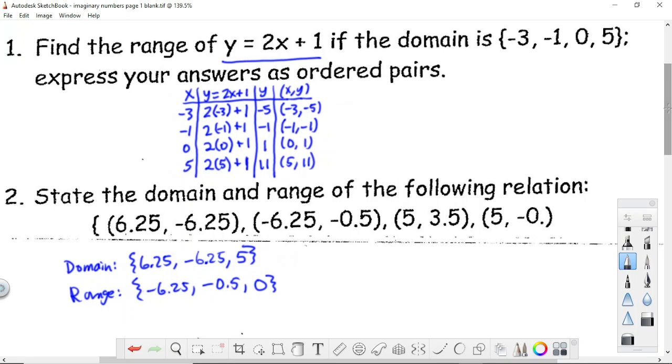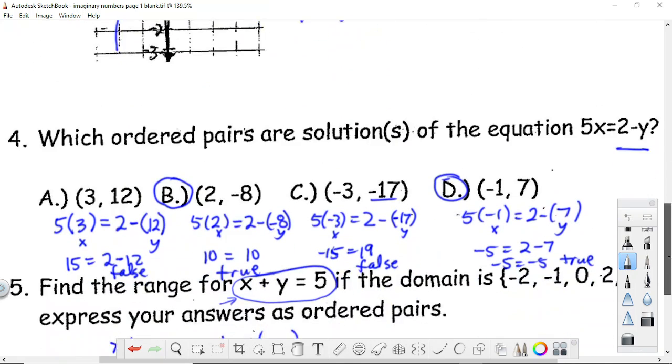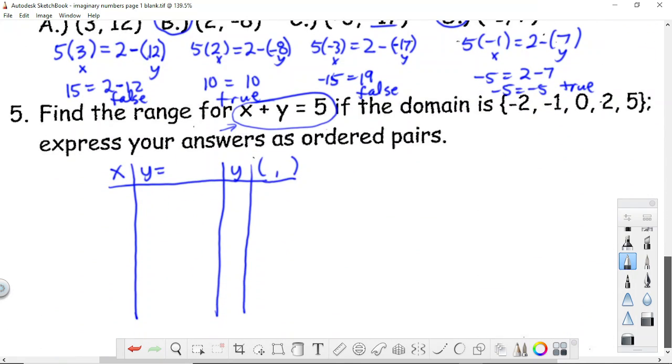So that's the typical way, but the one we're doing is called an implicit function. It's also a function because for every x we plug in, we can calculate a y. But we don't have the rule explicitly, so we would have to do something like this. Look at that equation, x plus y equals 5. Plug in for x, like our first number, negative 2.